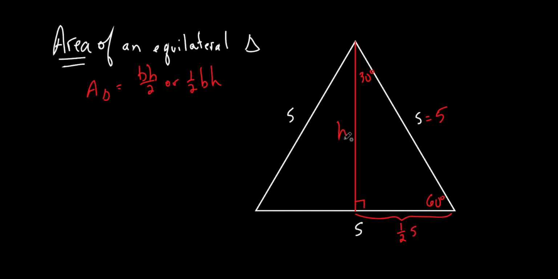Remember, this is the long side, right? The long side is equal to what of the short side? The square root of 3, right? So it's going to be the square root of 3 times 1/2 S, or just write it like this, the square root of 3 times S over 2, and that's the same thing as 1/2 S. So what's the height of this thing?